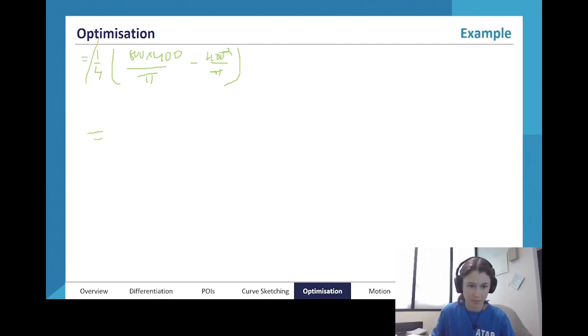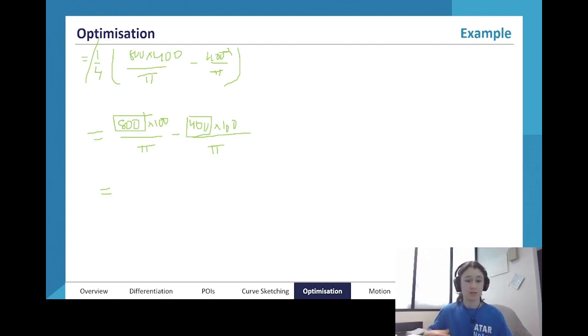So we're going to be left with 800 times 100 on pi, take 400 times 100 on pi. So these are again like terms because we have the 800 out the front of 100 times pi and the 400. Similar thing that we were doing before.